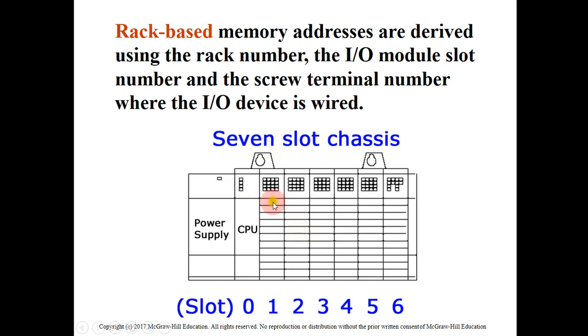Each slot consists of several terminals, sometimes 8 or 16, depending on the size of the input-output module. So you can see slot 0, slot 1, slot 2, until slot 7 or slot 15, based on the number of terminals which will be connected to the input-output modules.